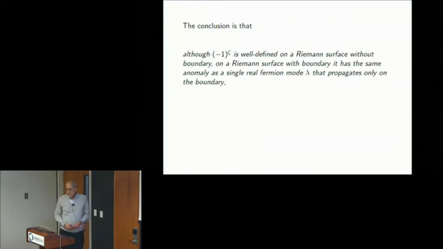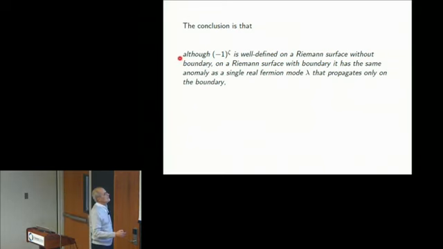So the conclusion is that, oh, terrible. There's a misprint here, namely the word not is omitted. The conclusion is that although minus 1 to the zeta is not well defined on a Riemann surface without boundary. Oh, sorry. No, okay, sorry. This was misread rather than misprinted.